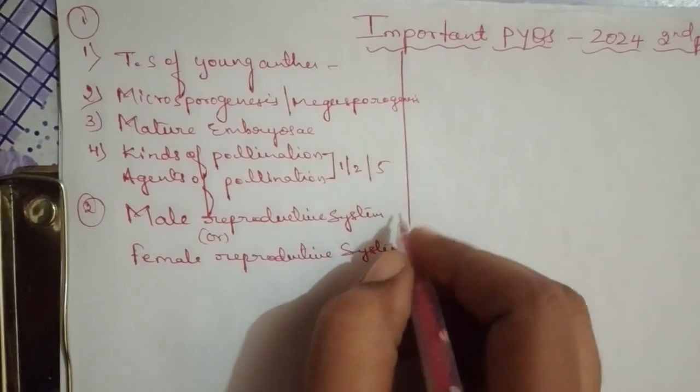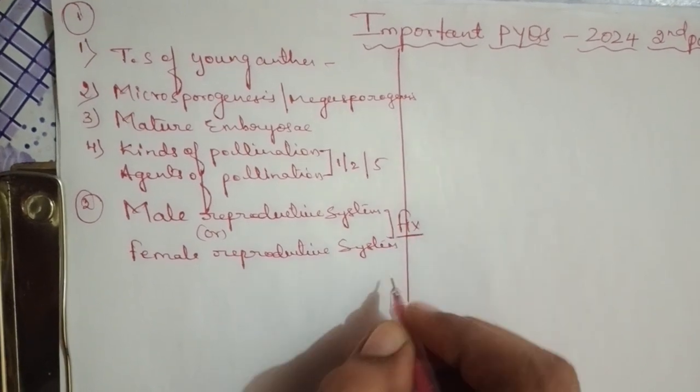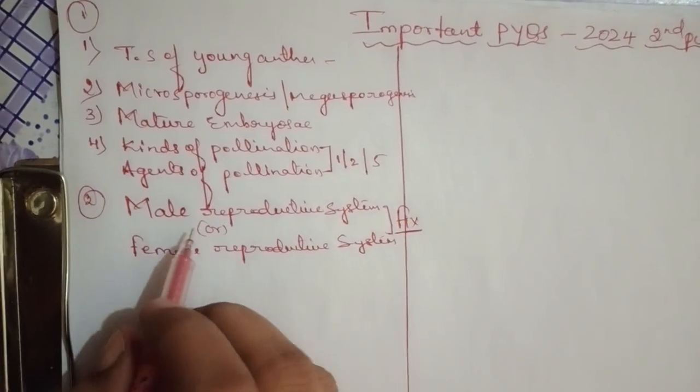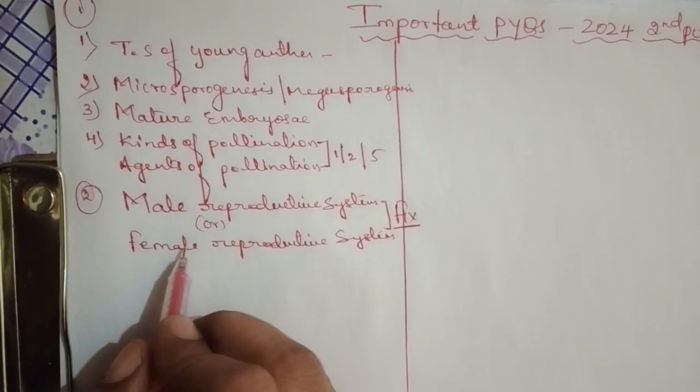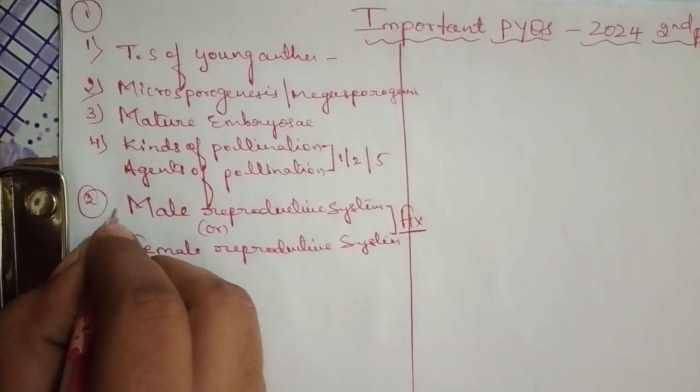Among both, one will be a fixed kind of question. Either they can ask the male reproductive system or the female.